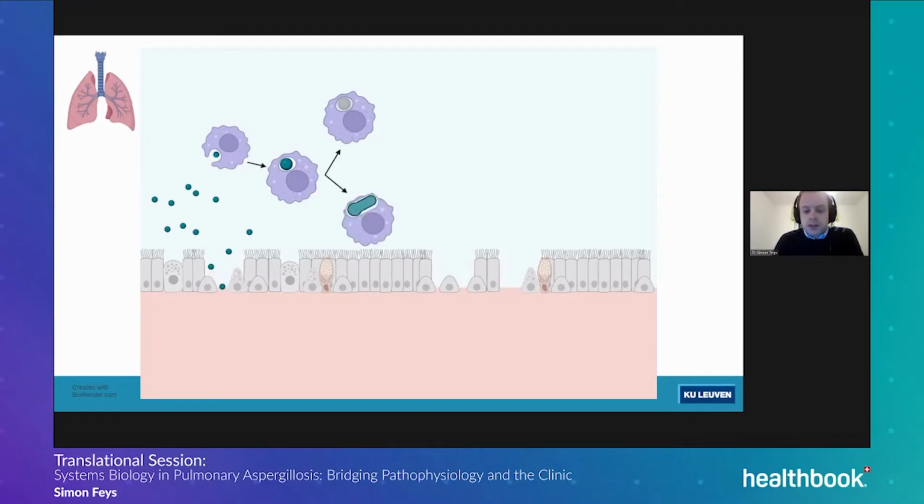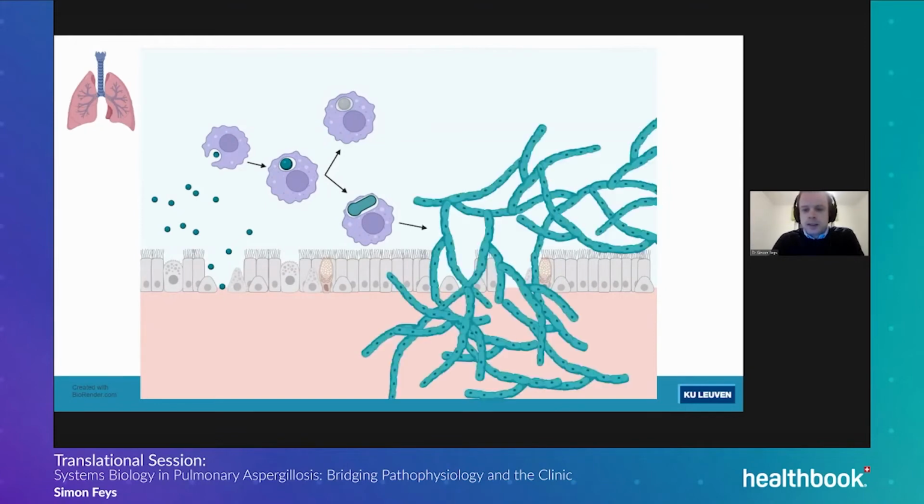But if there's damage to the respiratory tract, the spores are not that easily brushed out by mucociliary clearance, for example, in viral pneumonia. Or if the spores can escape the phagocytosis and the killing process in the phagocytes, then these spores may start to germinate and form hyphae, which may invade the tissue and cause invasive pulmonary aspergillosis.